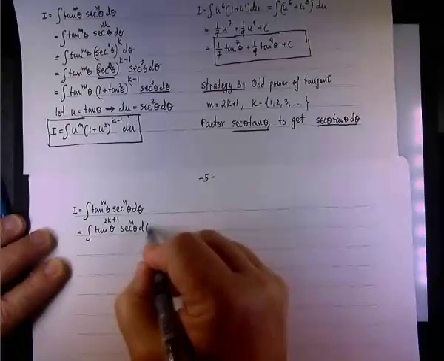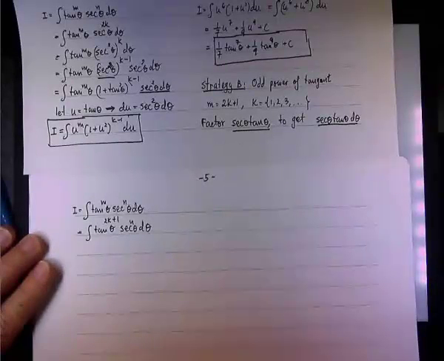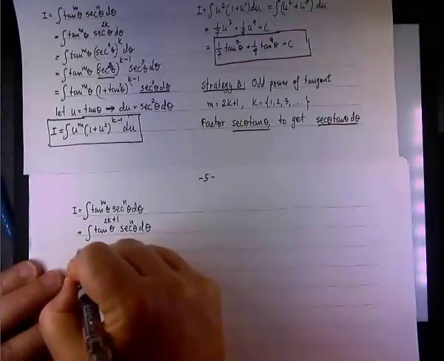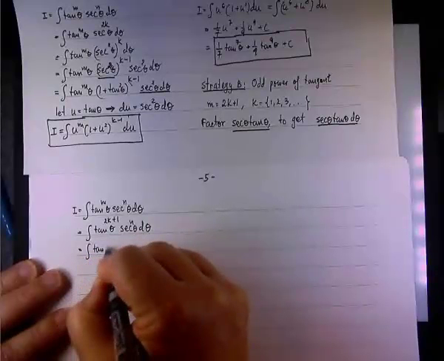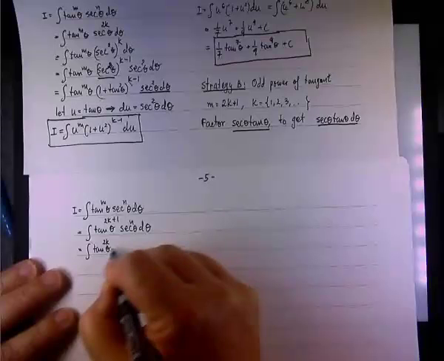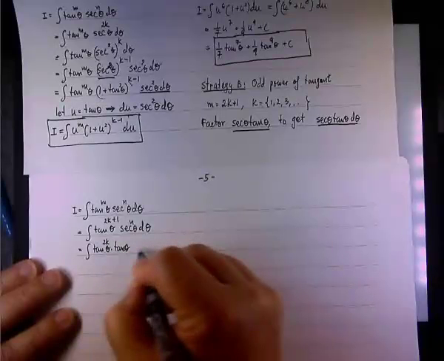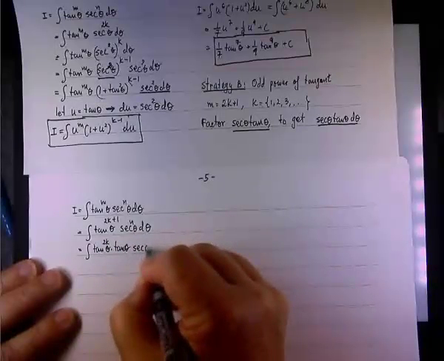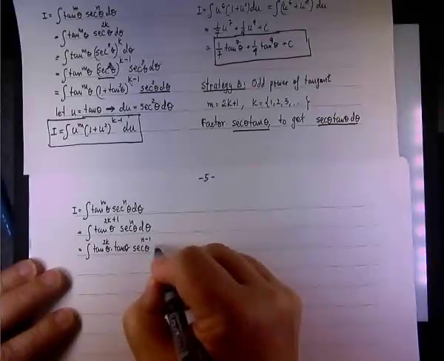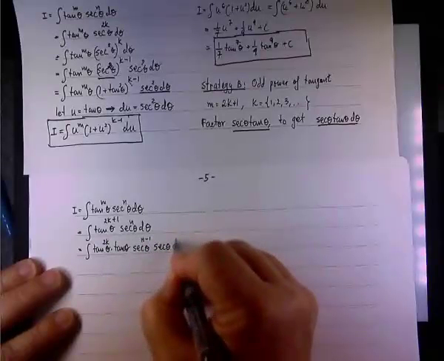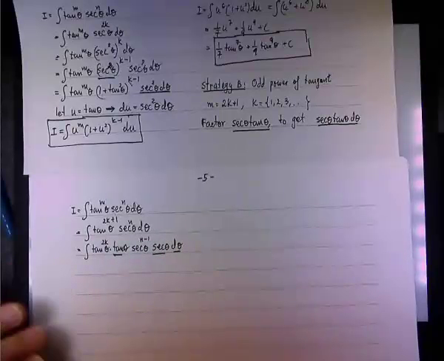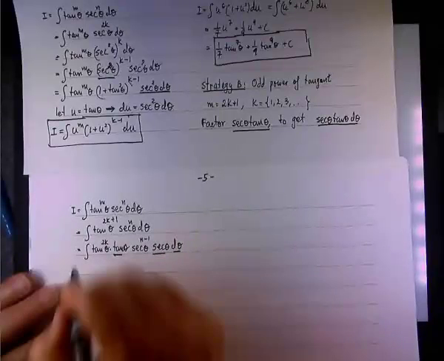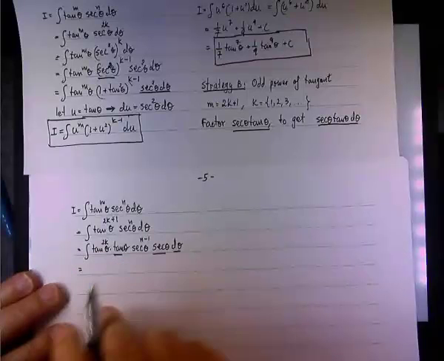And I want to have the product secant times tangent, so I need to take 1 from each. So I'll have tangent theta to the 2k times tangent theta, and then the secant, I'm going to borrow 1, so it would be n minus 1 times the secant, and then d theta. So here is what I need, the secant tangent component.